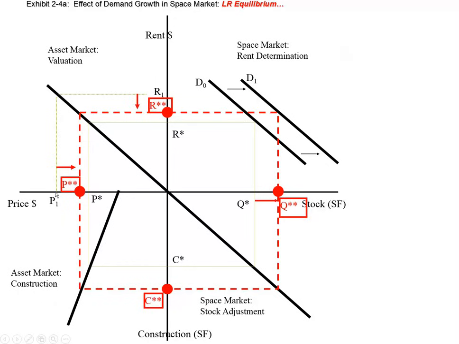The prices are up at that level, but as we add new supply and the market sees it coming, it reduces the value of the properties a little bit, and we end up getting this rectangle or square that connects all the markets in equilibrium. And the point is this: the market's always working towards and trying to move towards equilibrium, even though sometimes it may undershoot or overshoot. Also keep in mind there's a normal level of vacancy in the market at all times, and that should be expected.